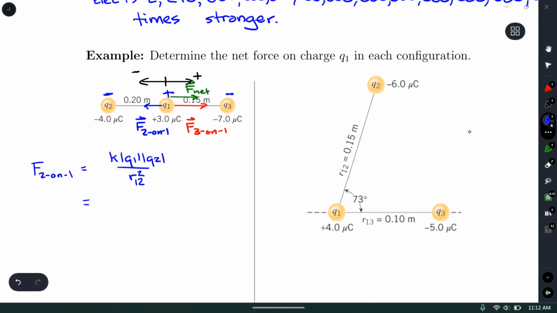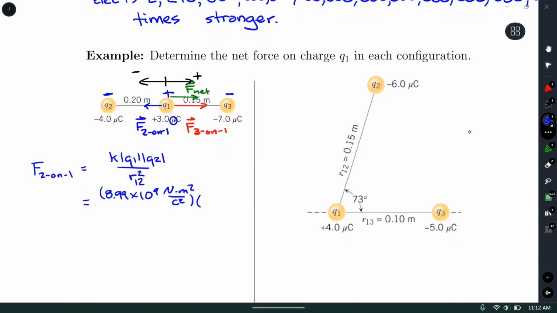That's the distance between charge 1 and charge 2. It'll be Coulomb's constant times Q1. You may notice micro coulombs.